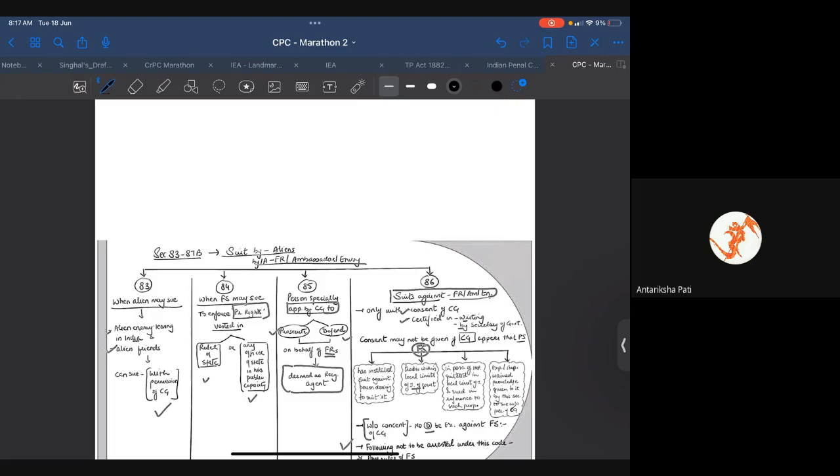Consent may not be given if it appears to the central government that the foreign state has instituted a suit against the person desiring to sue it, or trades within the local limits of the jurisdiction of the court, or is in possession of movable property in the local limits of jurisdiction and is sued in reference to such property, or if it has expressly or impliedly waived the power given to it by this section to sue without the permission of the central government.